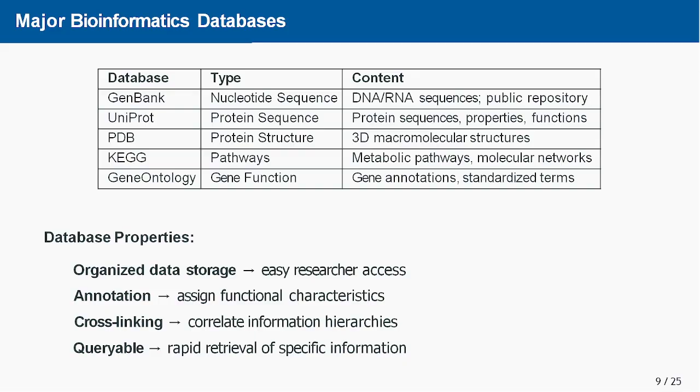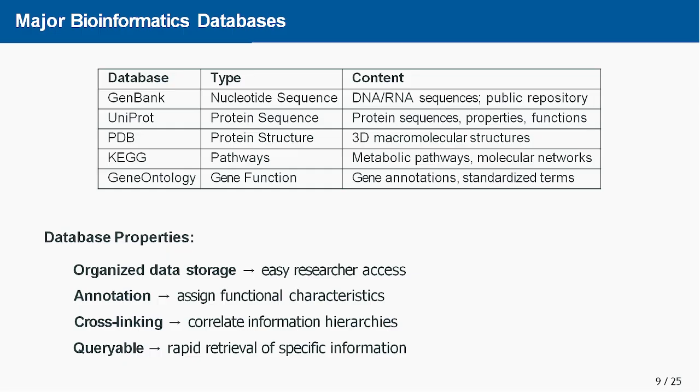Now, major bioinformatic databases. We have different databases already available on the internet. They are very useful, like GenBank. It is a database of nucleotide sequences. It contains DNA and RNA sequences of a number of organisms, and it is a public repository.